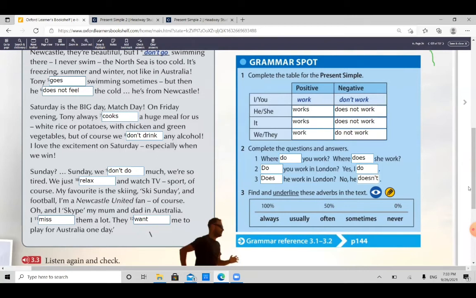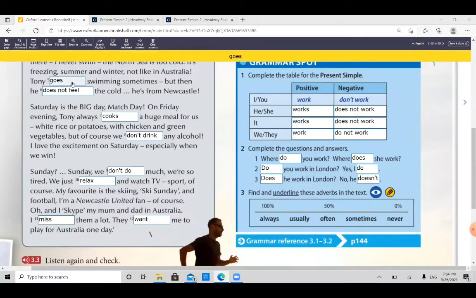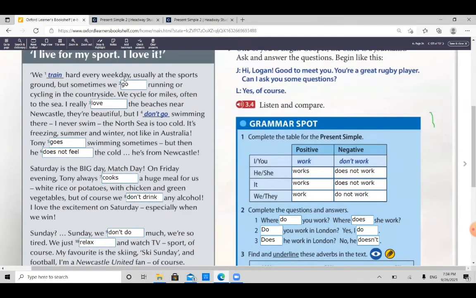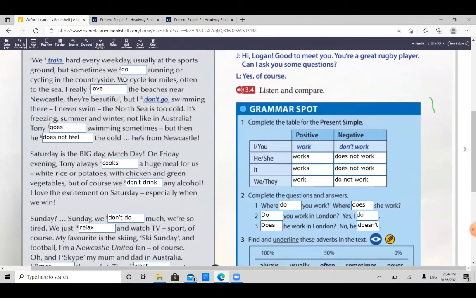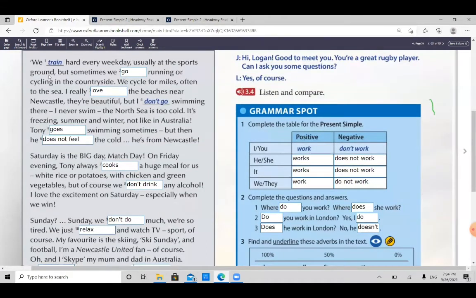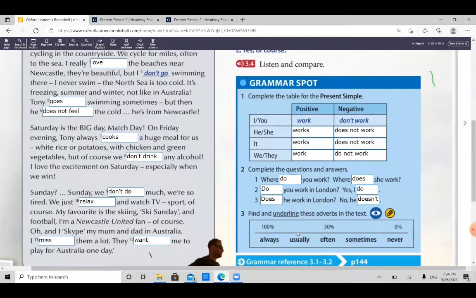Now find and underline these adverbs in the text. Remember we said these are called adverbs of frequency, to see how often the verbs happen. Can you give me some examples from the text? Let's go back to the text. As you see in the first line, usually. Usually here is equal to 75%.